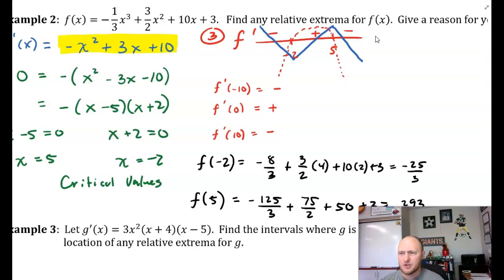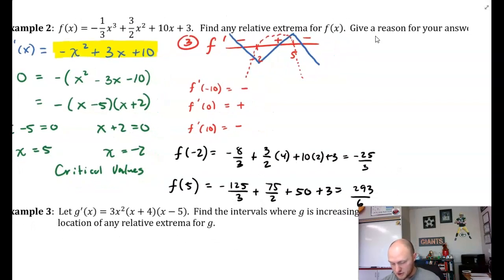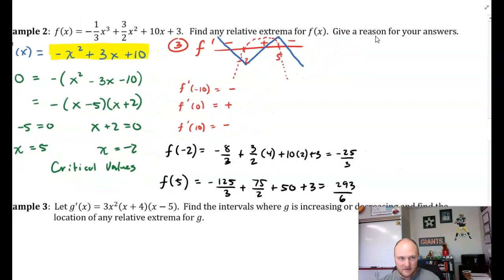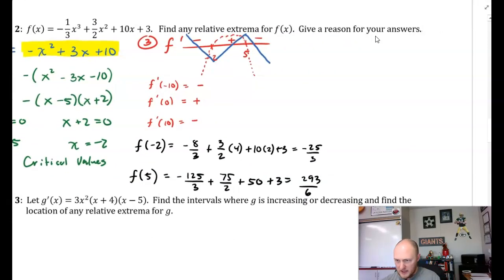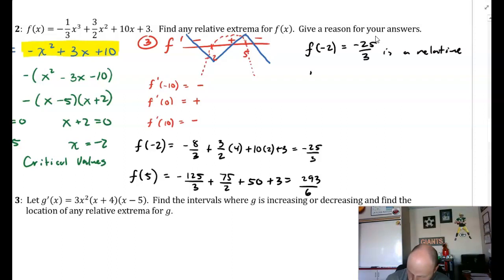A lot of times they'll just ask you for the x values, like what's the x value of any extrema, and then identify them. So here we're going to say f of negative 2 equals negative 25/3 is a relative minimum.